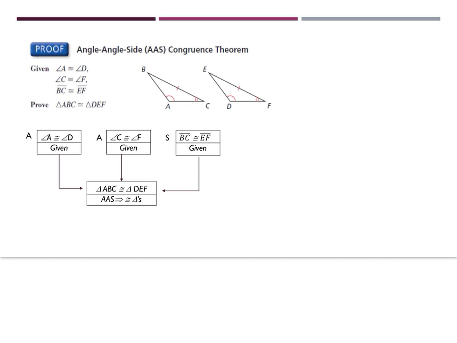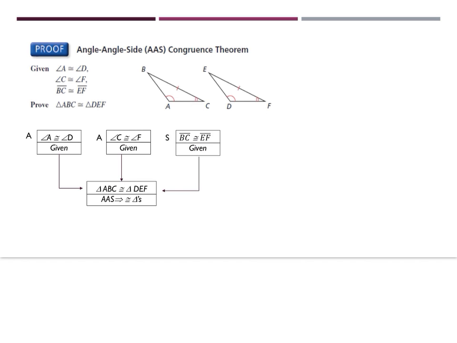So again, in the structure of a flowchart proof, all your givens are on the top row, and each given has its own box. Statements over reasons. And when your statements are part of your givens, then that's your reason. We happen to have three given statements, so all three boxes are on the top row.